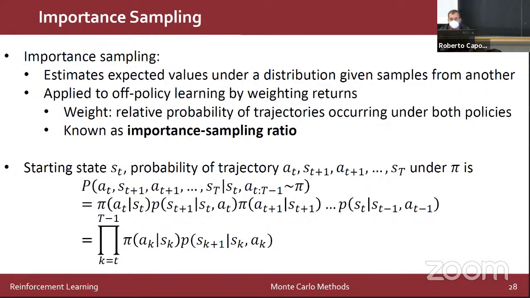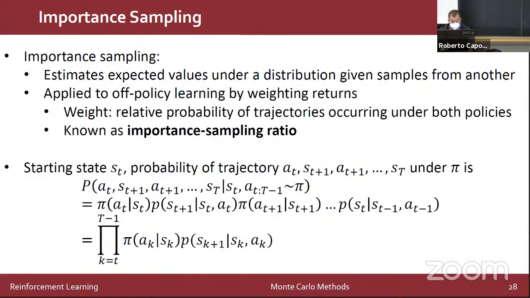You do this by weighting the returns. So you compute some weights, and you will see that these weights are nothing else than a ratio of probabilities. These are called specifically importance sampling ratios.